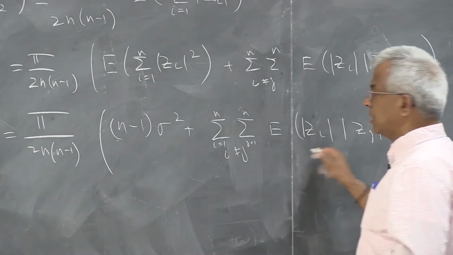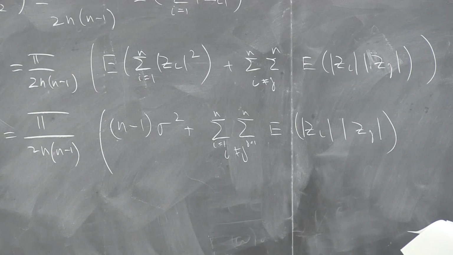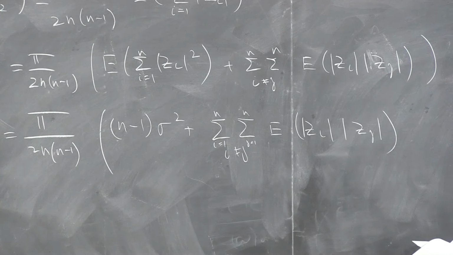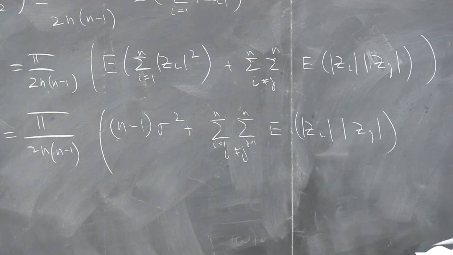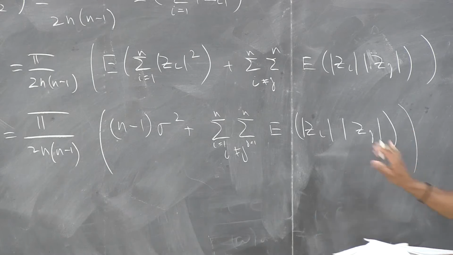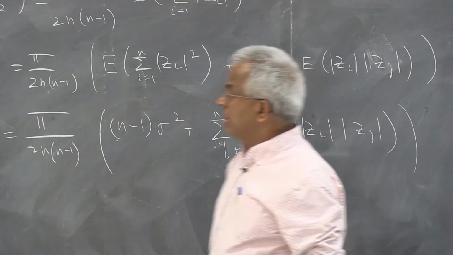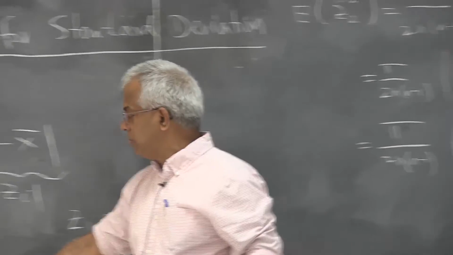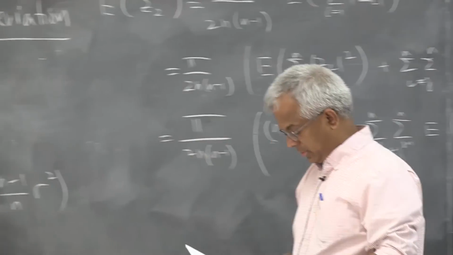So this itself is an interesting problem. I will at least sketch how to do this portion, and then we substitute it here. So finally the variance is going to be this value minus sigma squared.